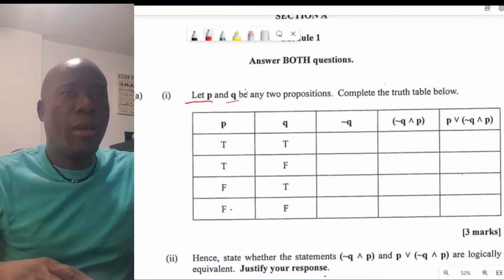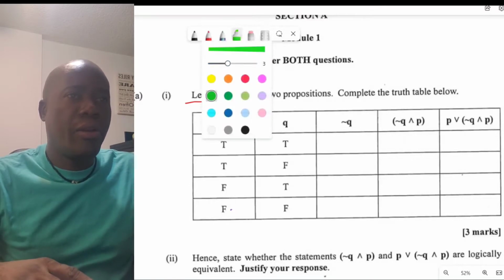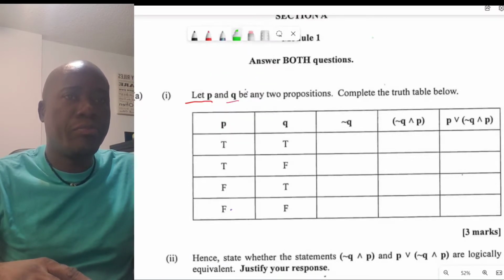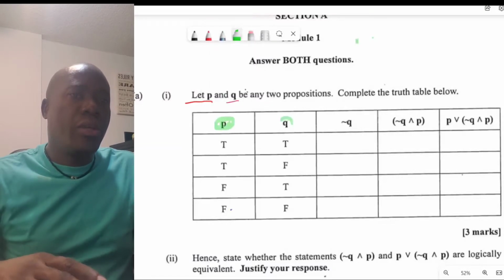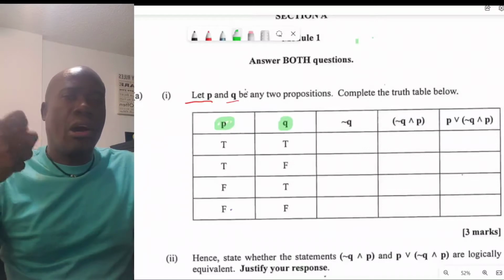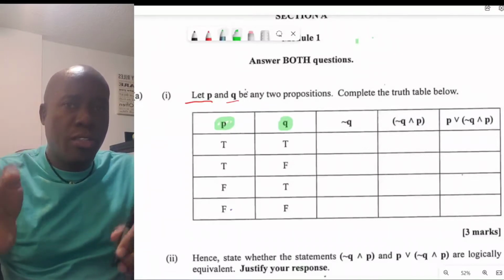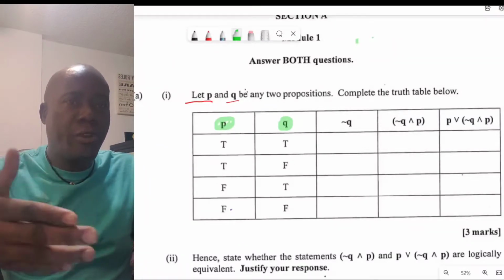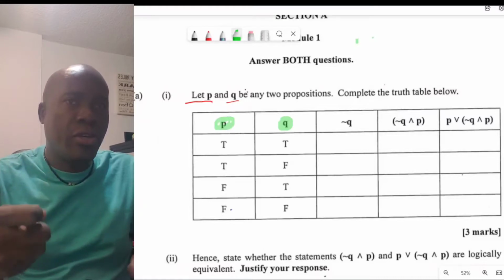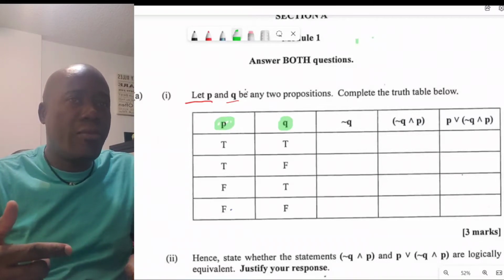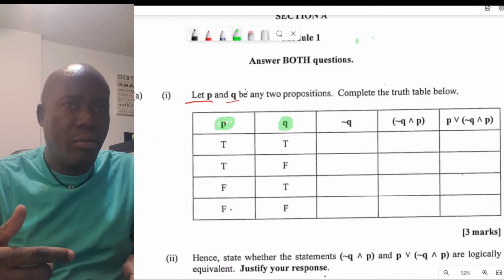What we are looking at here are the possible outcomes for P and Q, and we're talking about true or false. The T represents true and the F represents false. The possible outcomes are as follows, and I'm going to highlight them.